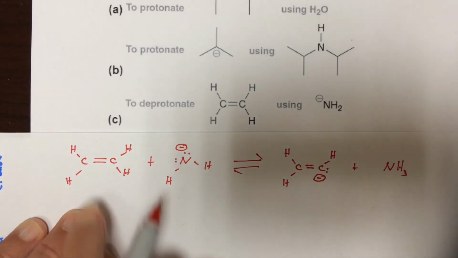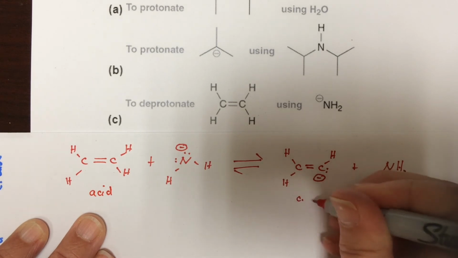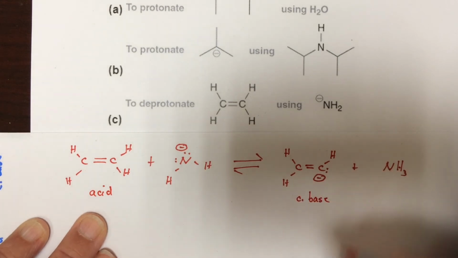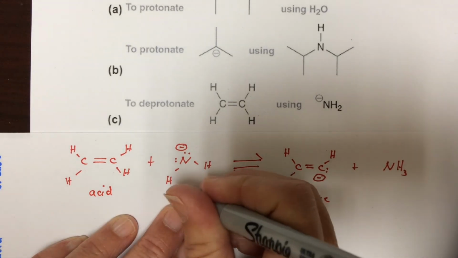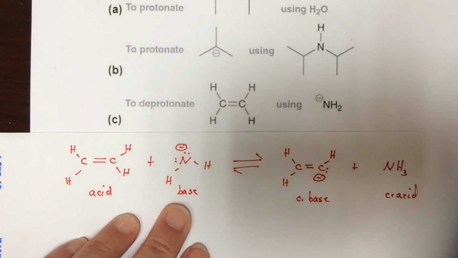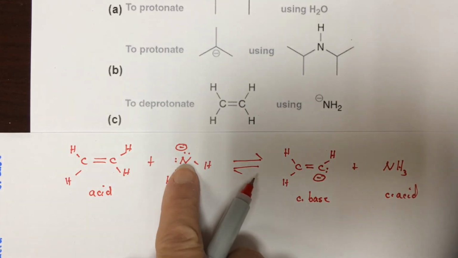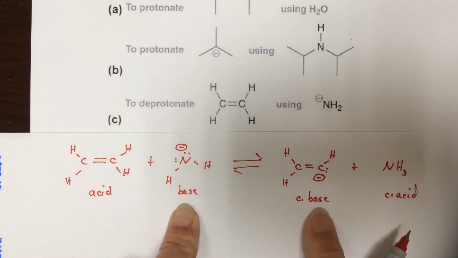So let's see what's happening here. This is our acid, and this must be our conjugate base. And this is our base, and this is our conjugate acid. All right, so we need to compare our two bases. Here we have a negative charge on a nitrogen. Here we have a negative charge on a carbon.